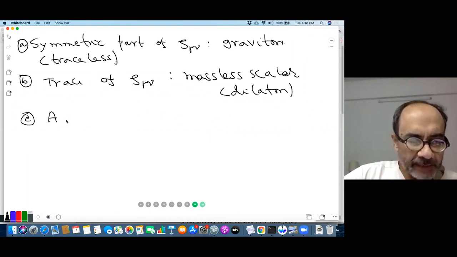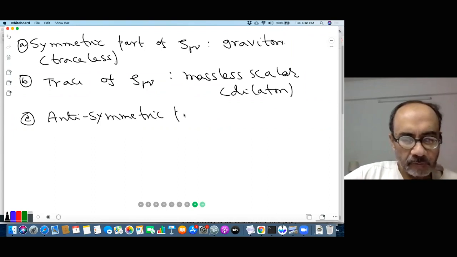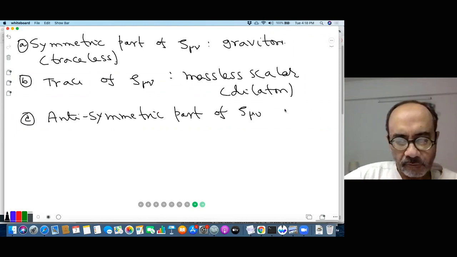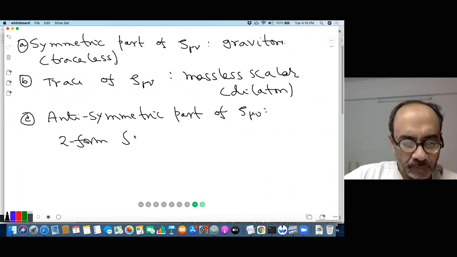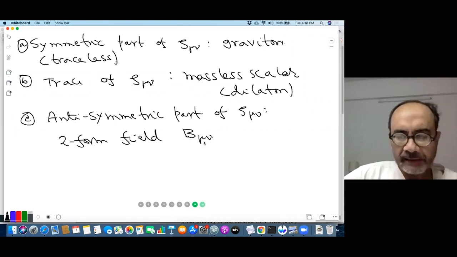And then the antisymmetric part describes a two-form field B mu nu. So bosonic string theory has all these massless fields in its spectrum.